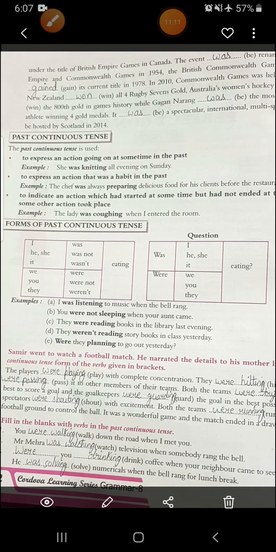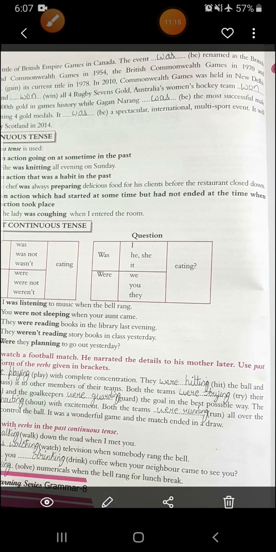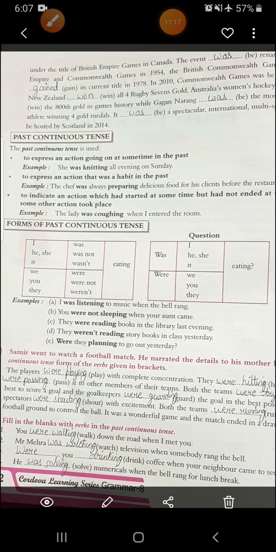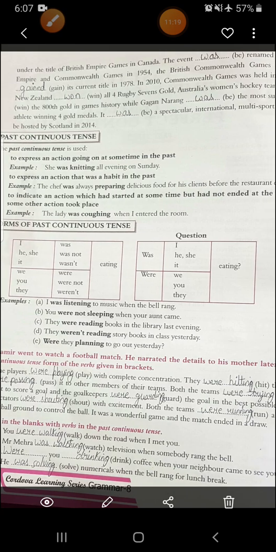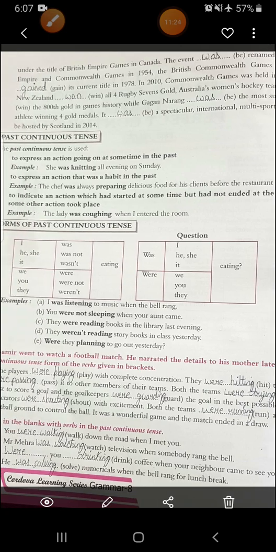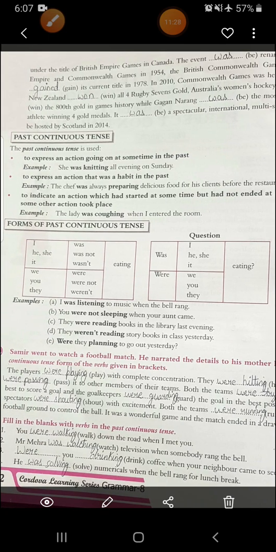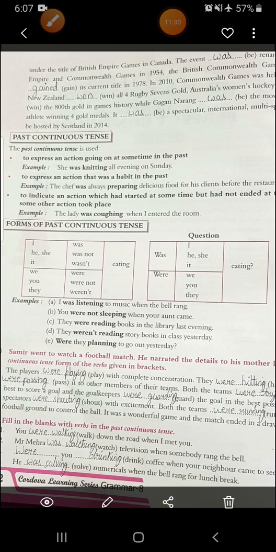This much is clear. Both the teams were trying their best to score a goal, and the goalkeepers were guarding the goal in the best possible way. The spectators were shouting. See, again it's in plural form. Were shouting with excitement.